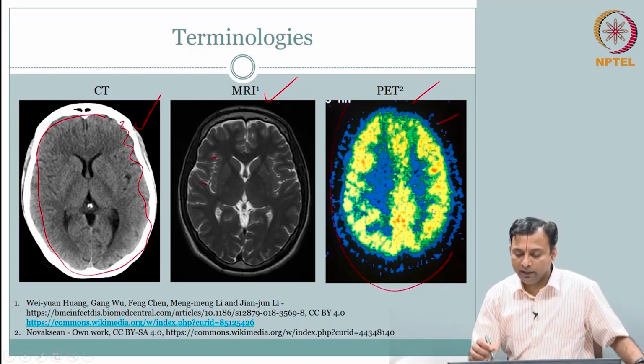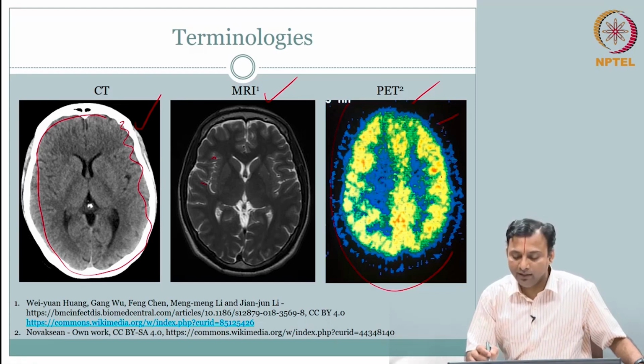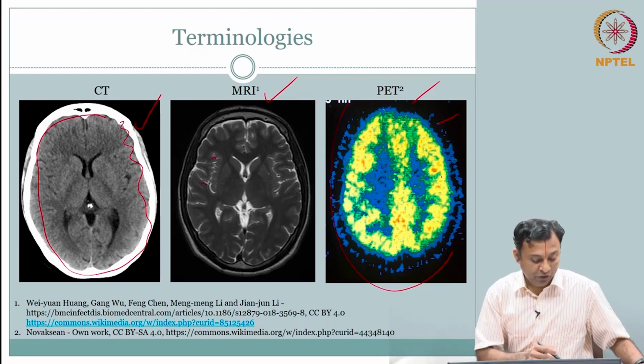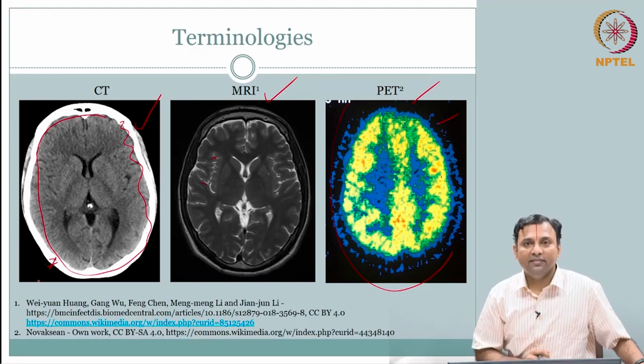What this is depicting, each color is depicting the activity, glucose uptake. So you can clearly see certain parts of the tissue are active, consuming the glucose, whereas certain others are having low activity. You don't even see the skull, right? Here you see the skull, and you can measure the thickness of the skull.